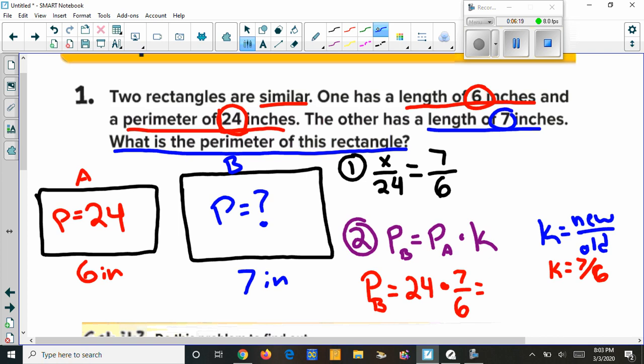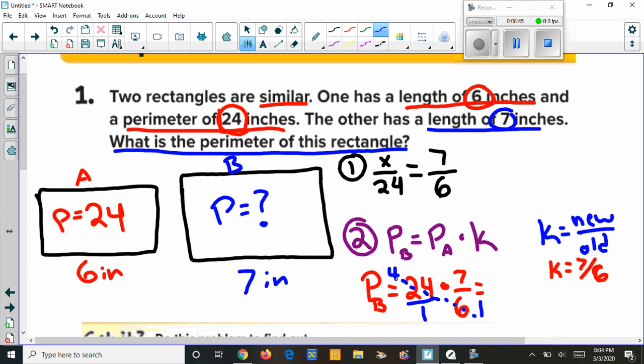There are plenty of ways you could go about solving this. If you recall, we can turn whole numbers into fractions by putting it over 1. And I know I've shown my students that you can do what's called cross reduction. 24 and 6 can both be divided by 6. So I'm going to go ahead and do that to have smaller numbers.